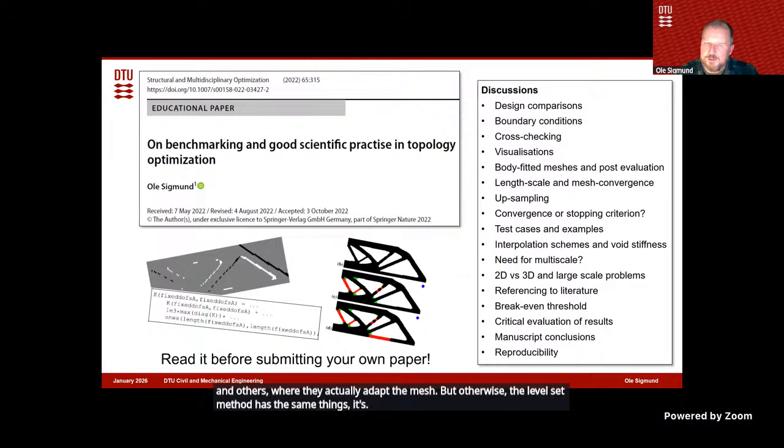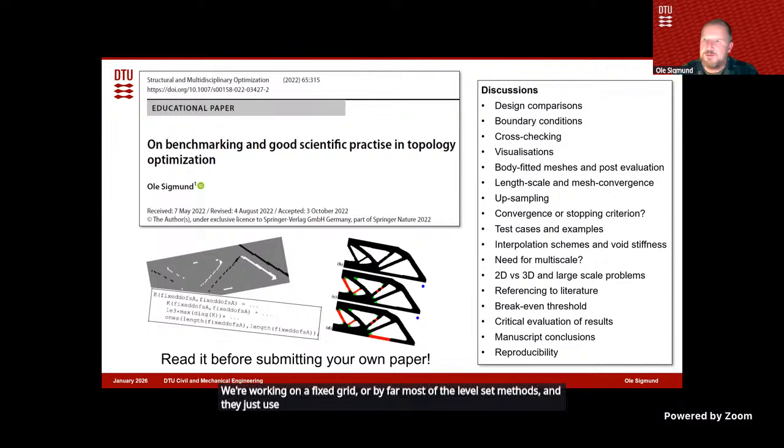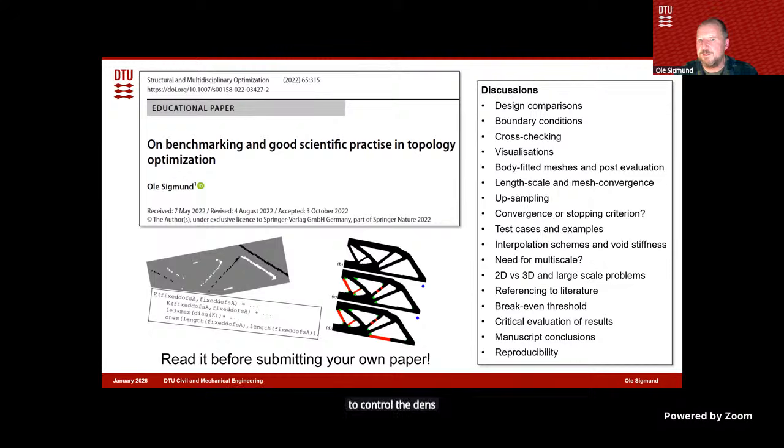It's working on a fixed grid, as by far most of the level set methods, and they just use the level set function instead of the filtered field to control the density. So I don't see a big difference there. So I guess the answer is no if you do level set on a fixed grid method, as 90% probably are. But possibly yes if you actually have a mesh that follows the boundaries of your design.